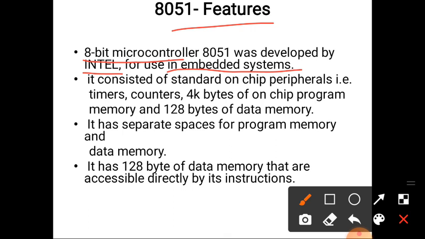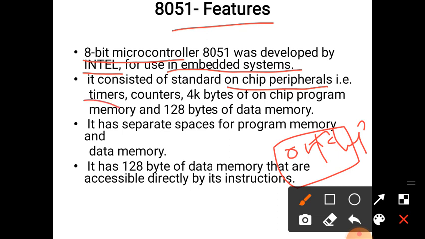So we know that all the peripherals are integrated on a single chip, so it is known as on-chip. That is, all components are integrated on that chip, and it consists only of on-chip peripherals.